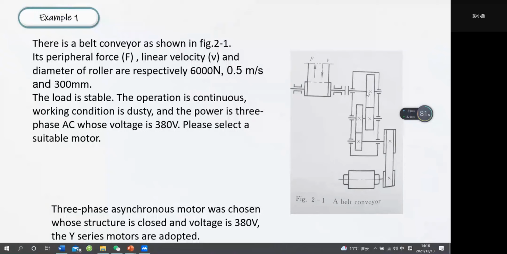In the reducer, there are 2 pairs of gears, and this means the bearing.